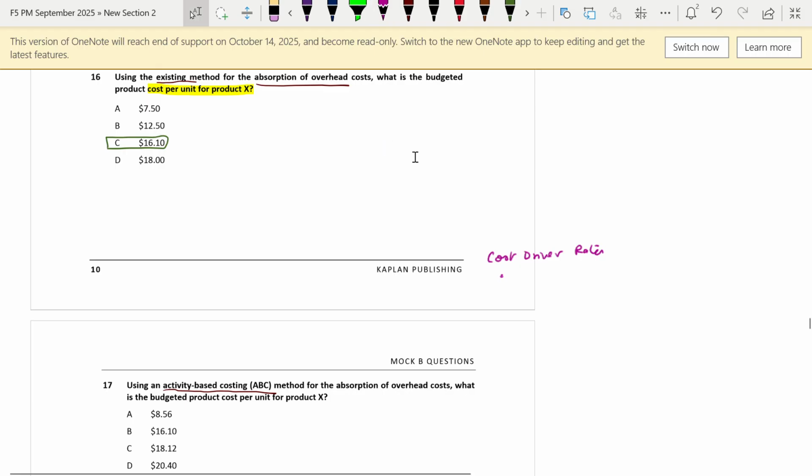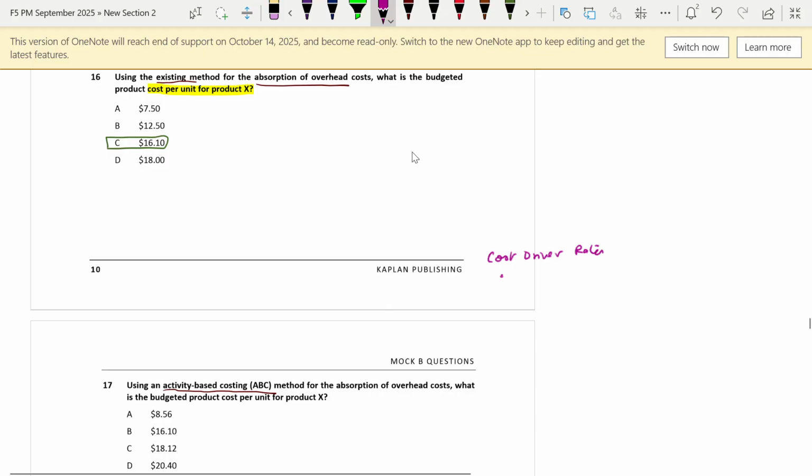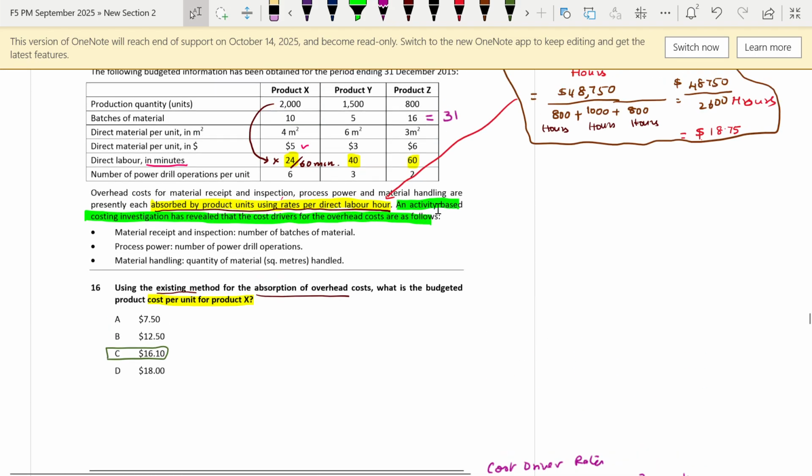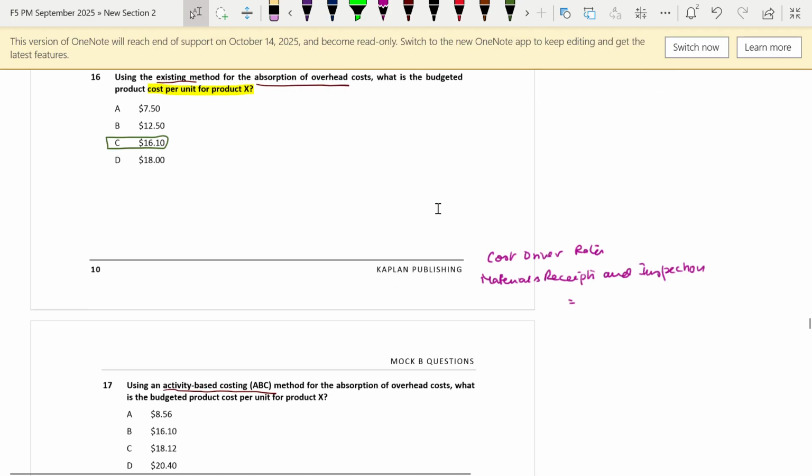First one is material receipts and inspection. What is the material amount? Material cost 15,600. I am writing material cost for your understanding.